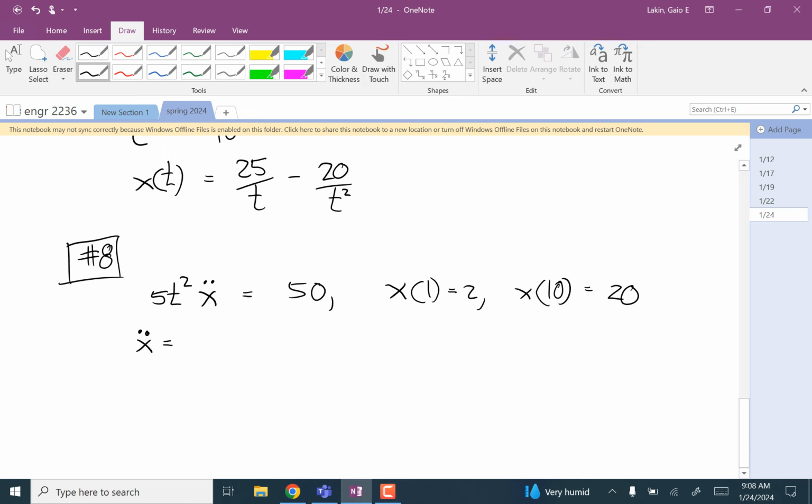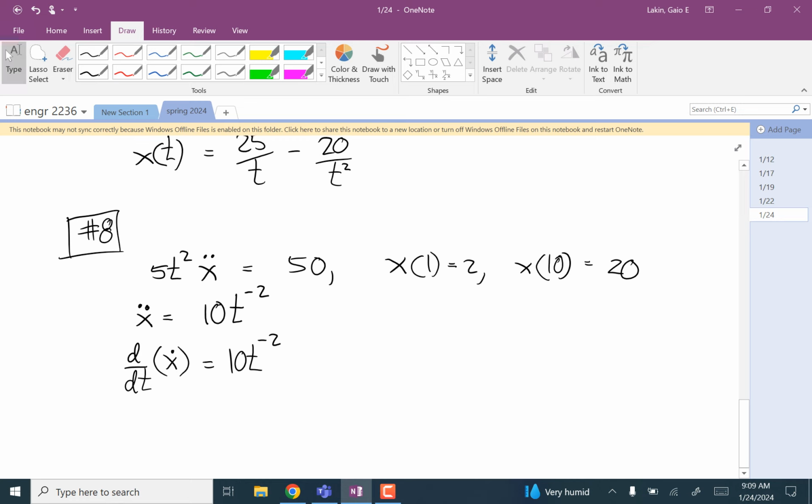So I'll write this as x double dot is equal to 10t to the minus 2. And so I'm going to think of it like this, d/dt of x dot is equal to 10t to the minus 2.